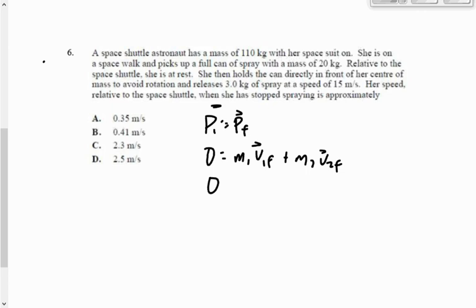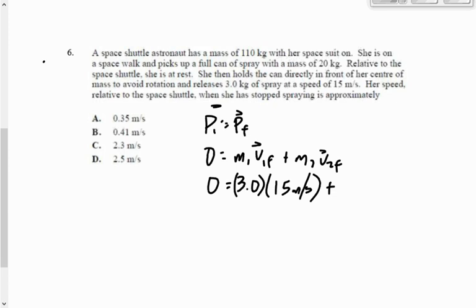She releases 3 kilograms of gas, 3.0 kilograms times 15 meters per second. Wow. At 15 meters per second, what's her mass now? She's still holding the can, right? What is it? 122. 127.